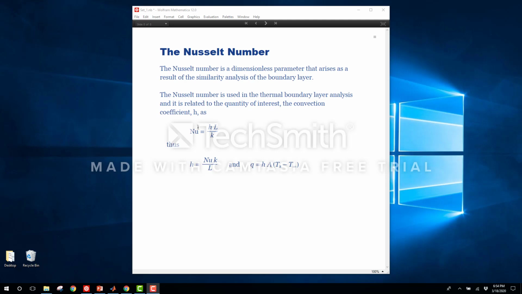So if we can determine the Nusselt number, we can then obtain from the Nusselt number and knowledge of both the fluid properties, in this case the thermal conductivity of the fluid, and the length scale that we're working with, the convection coefficient. And then once we have the convection coefficient, we can utilize Newton's law of cooling to obtain the total rate of heat transfer from the plate itself.